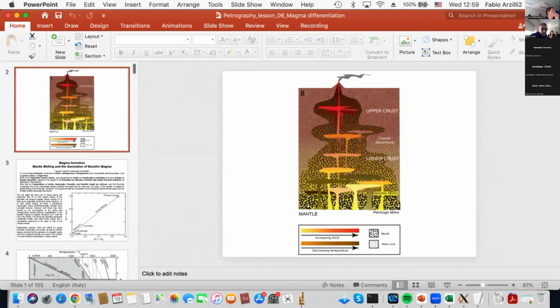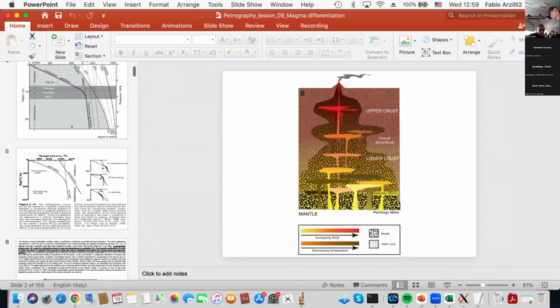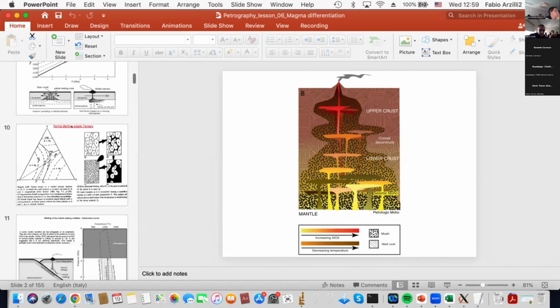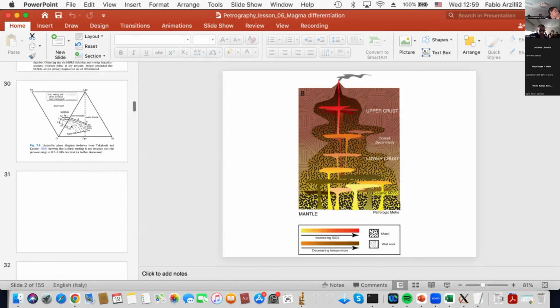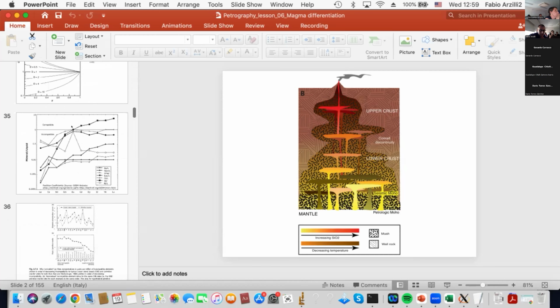So the idea is to have something like this. Like a mush-dominated reservoir with several lenses of magma and differentiation within the reservoir. How do you get fractional crystallization?